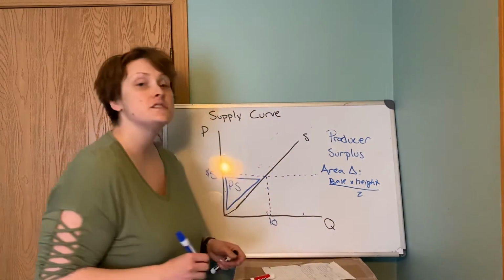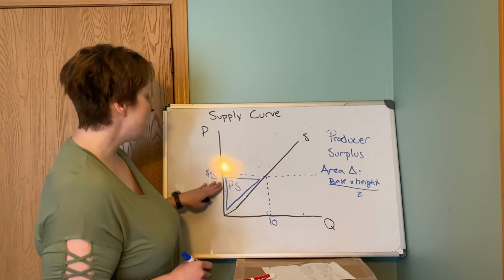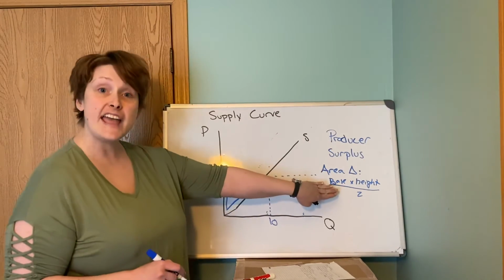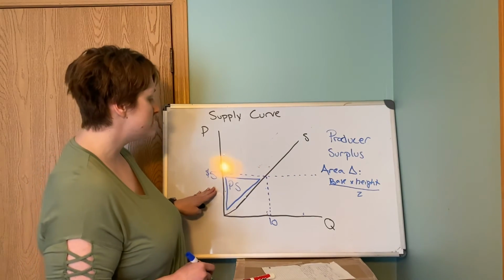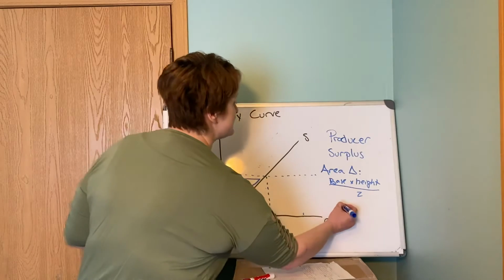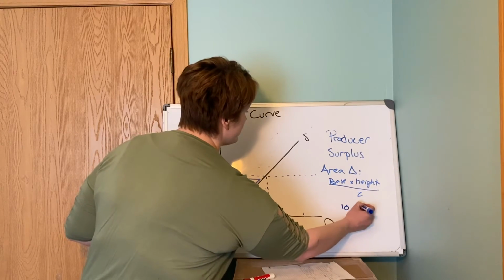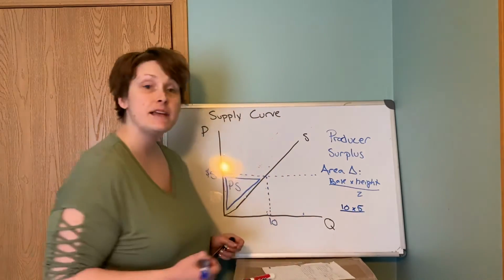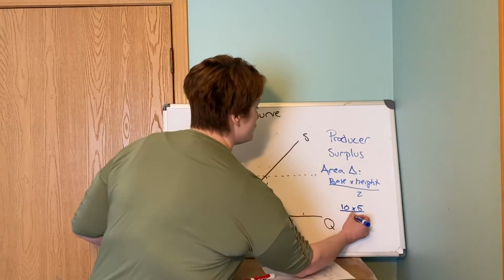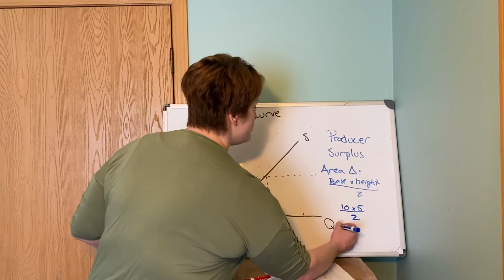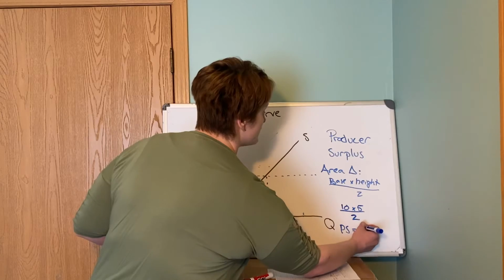And this will give us the total amount of our producer surplus. So taking this example, applying this formula, we have 1/2 base times height. So our base is 10 times our height of 5. 10 times 5 is 50. Divided by 2, we get a total producer surplus equal to $25.